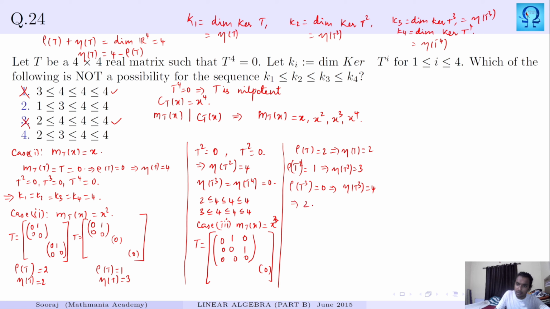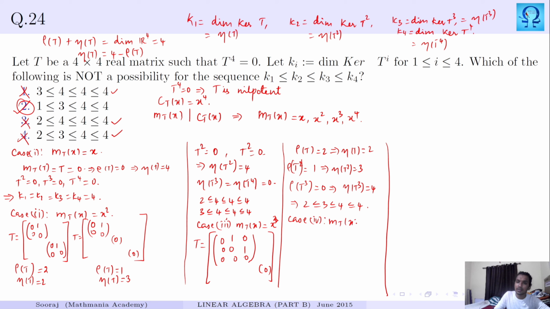So this gives us the sequence 2, 3, 4 and 4. This is also present in the options, hence it cannot be the right answer. Okay, so we are left with only this option. This is the right answer to this problem. And if you have to check the last case also, you can very well do that.